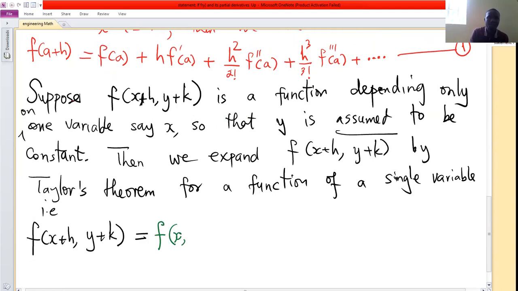Therefore, where there's a, we put x. In this structure, the place of a is taken by x.